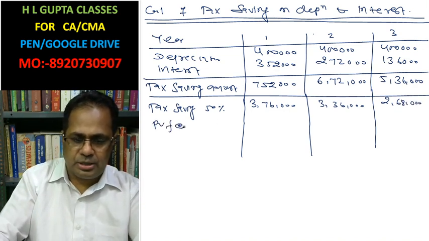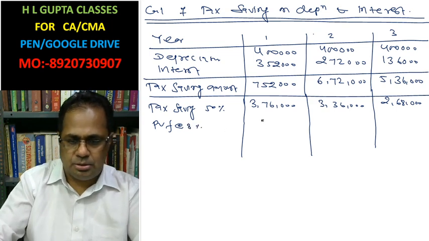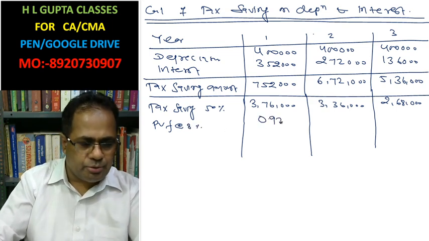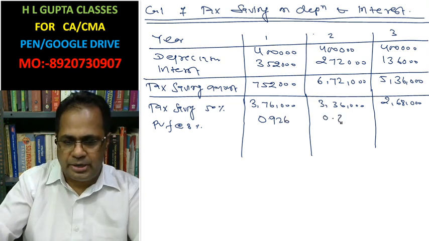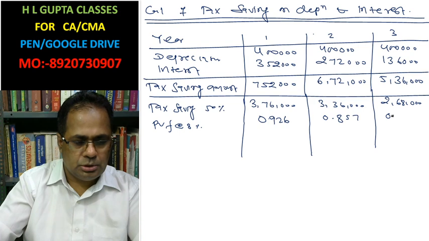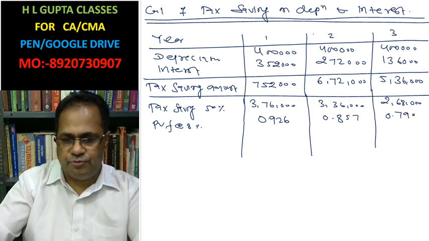Present value factor at the rate of 8%: 0.926, 0.857, 0.794.